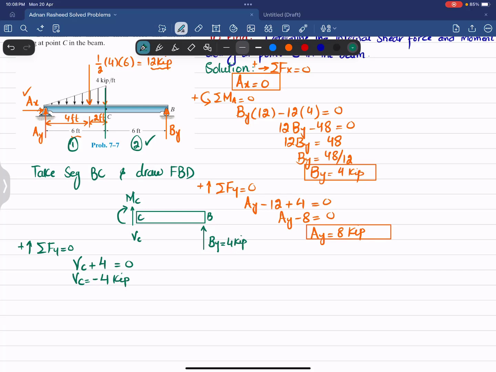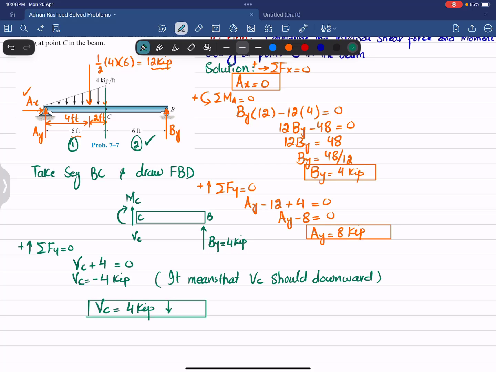The minus sign means that our assumed direction, upward, is wrong, so VC should be downward. So I can write VC is equal to 4 kip, downward, or you can also write that VC is minus 4 kip.